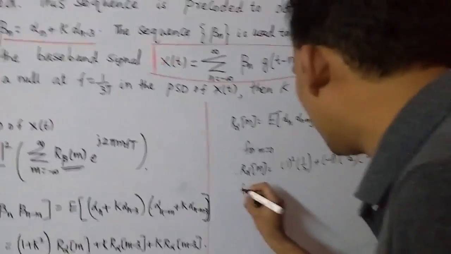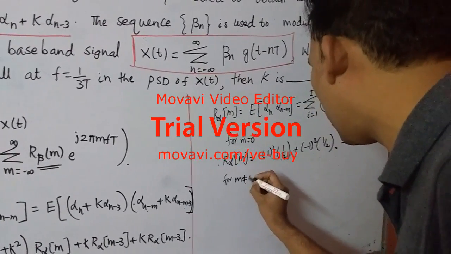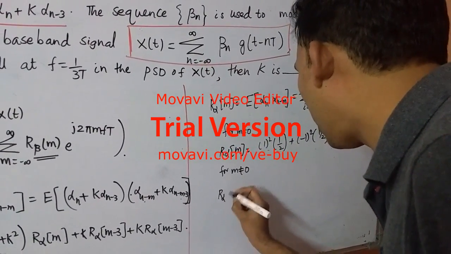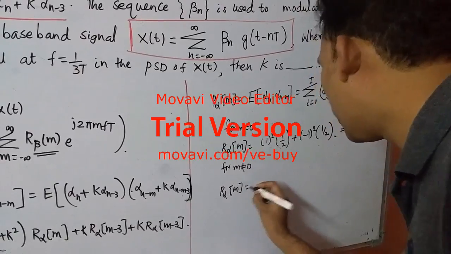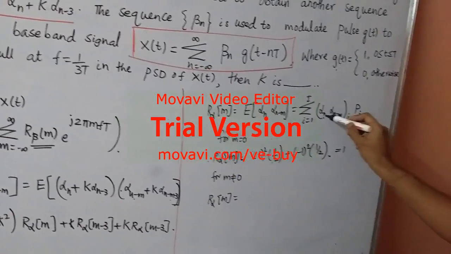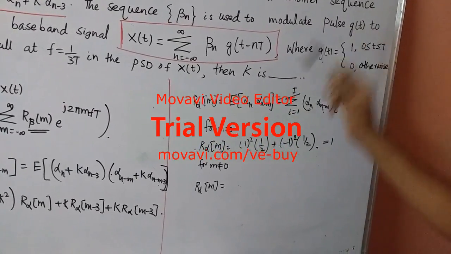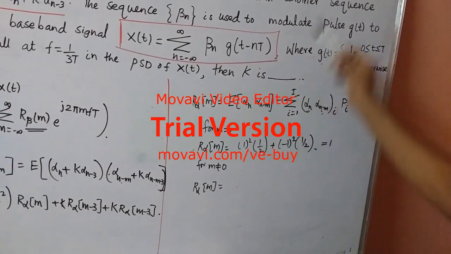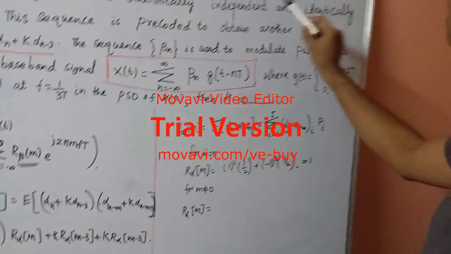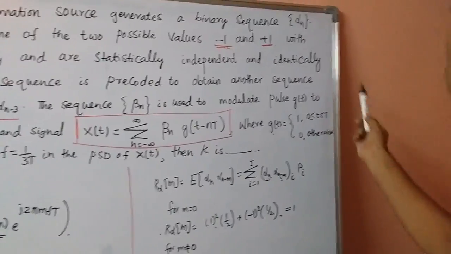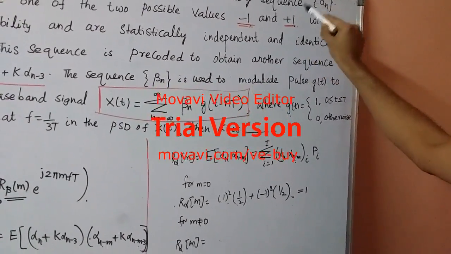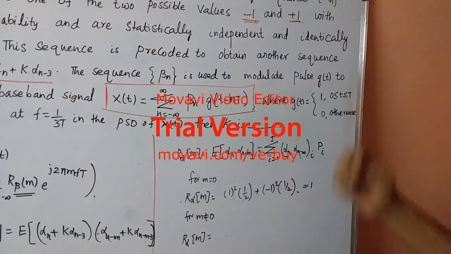And for m not equal to 0, the signal and its shifted version are different, so there are 4 possible combinations. If the present sequence has a value minus 1, then the shifted value might be plus 1 or minus 1, so 2 possible combinations exist.